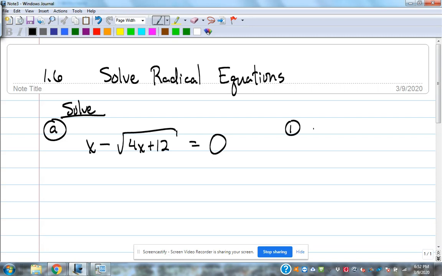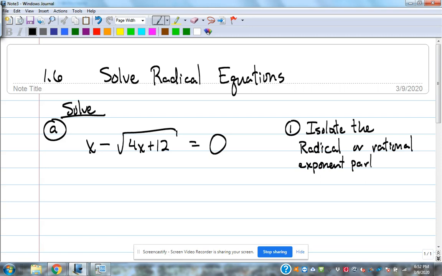The first thing that you need to do with a radical equation is isolate the radical. And later on we'll talk about the rational exponent part. So we need to get that by itself on one side.